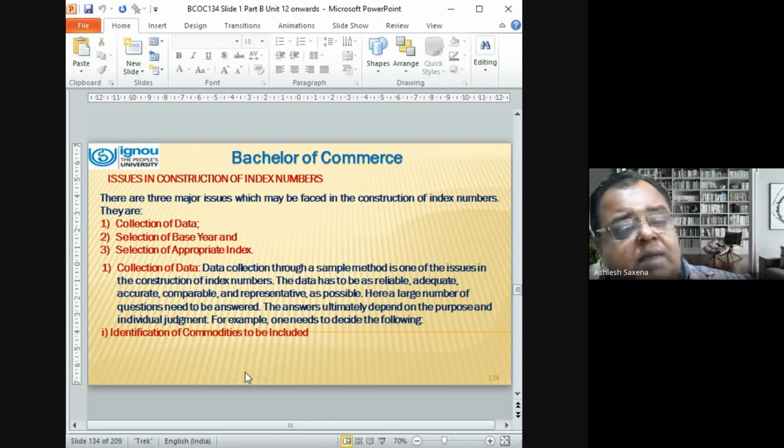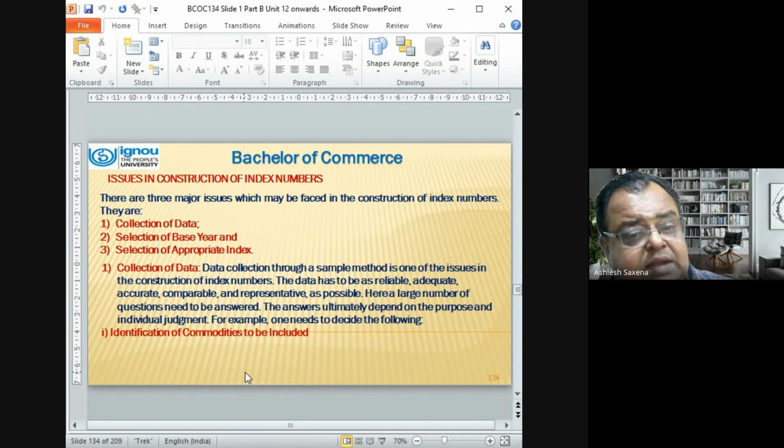If we talk about collection of data, data collection through a sample method is one of the issues in the construction of index number. The data has to be reliable, adequate, accurate, comparable, and as representative as possible.